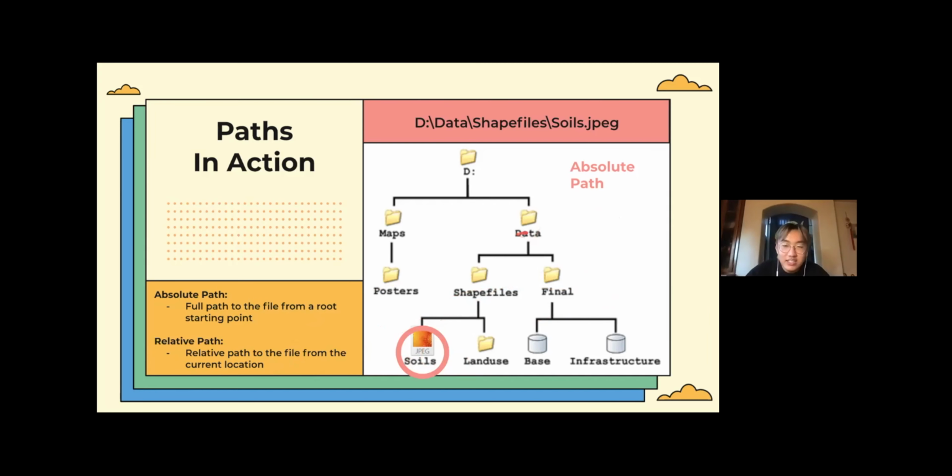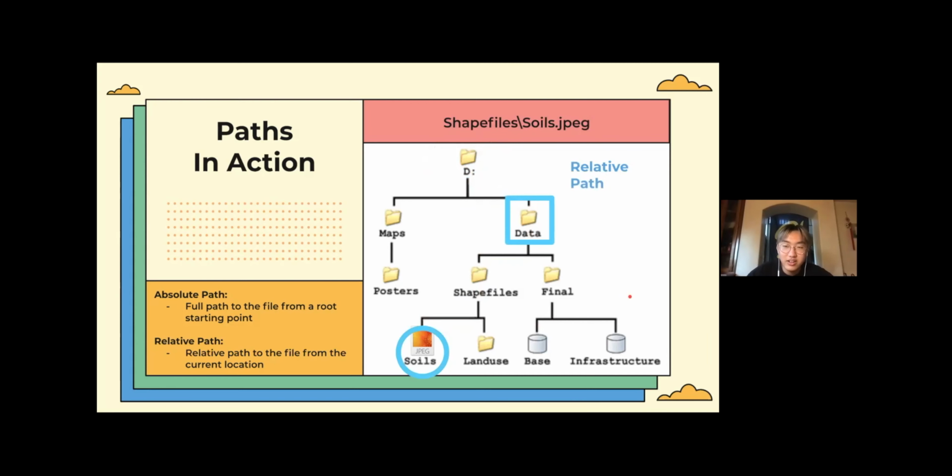Actually, how this diagram works is that everything here is within this shapefiles folder, and everything here is in this final folder, and all the folders are in that data folder, and everything is contained within this D colon folder. So really good guess, but the absolute path starts with the root of the file. It'll start at the D folder where everything is contained, and then it'll go down the ladder into the soils.